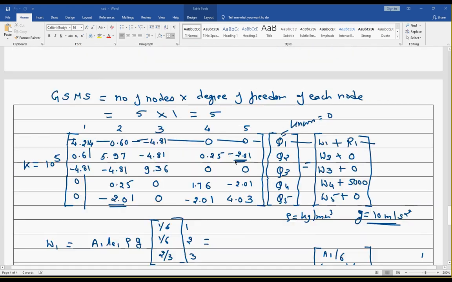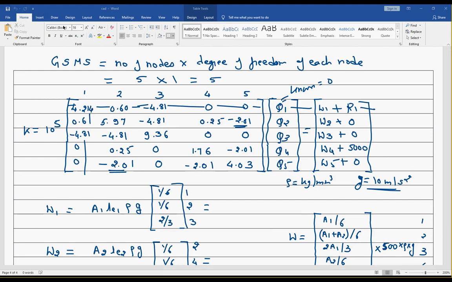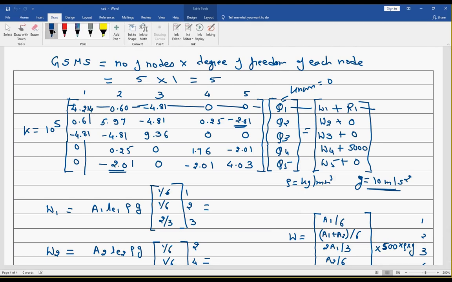So I could write here 451.55 and length of element is 500.